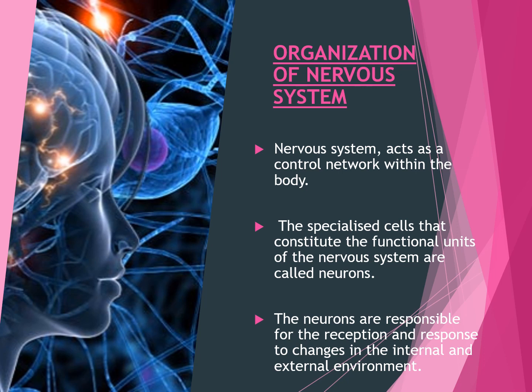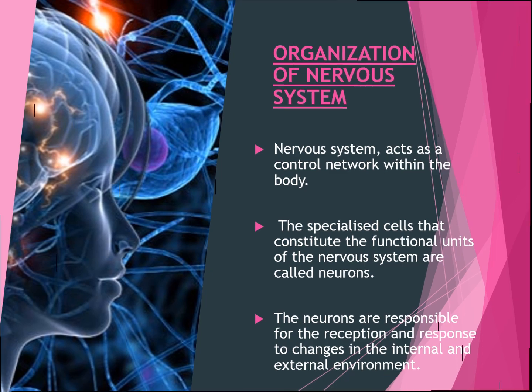Organization of the nervous system. So the nervous system acts as a control network within the body. The specialized cells that constitute the functional unit of the nervous system are known as neurons. And the neurons are responsible for the reception and response to changes in the internal and external environment.